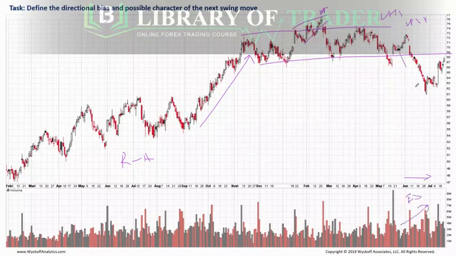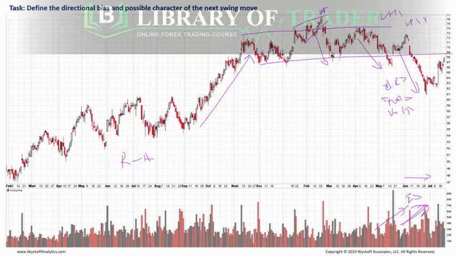I also saw that if you look at the previous swing down from April, May, right there, I see an increasing spread to the downside. I see increasing volume while those spreads to the downside increase. So all I see here right now, from first reaction, is just a synchronicity to the downside.